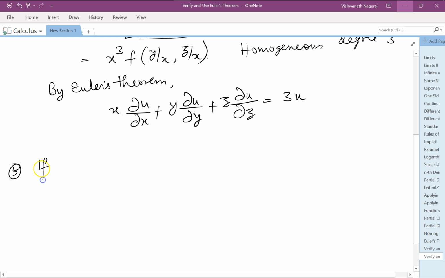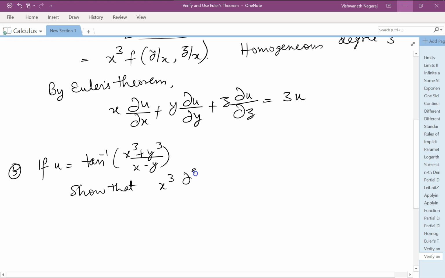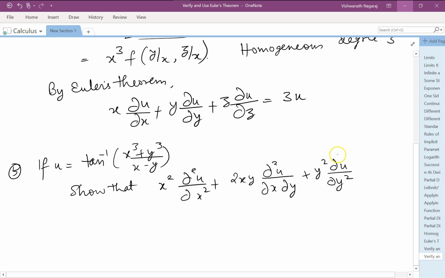If u is equal to tan inverse of (x cube plus y cube) by (x minus y), show that x square ∂²u/∂x² plus 2xy ∂²u/∂x∂y plus y square ∂²u/∂y² is equal to 1 minus 4 sine square u times sine 2u.